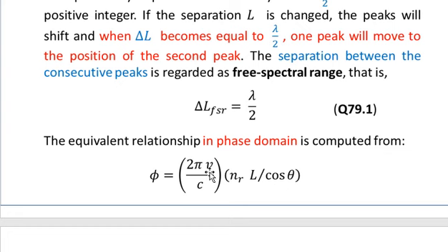You see that nu is the incident frequency, c is the velocity of light, nr is the refractive index between the two glass plates of the Fabry-Perot interferometer, capital L is the fixed separation between the two glass plates, and theta is the angle of refraction within the interferometer. And phi is the phase that the light will undergo when it travels from the first glass plate to the second glass plate.